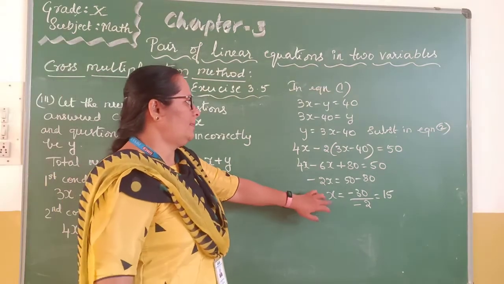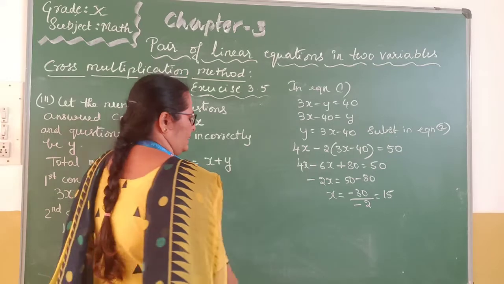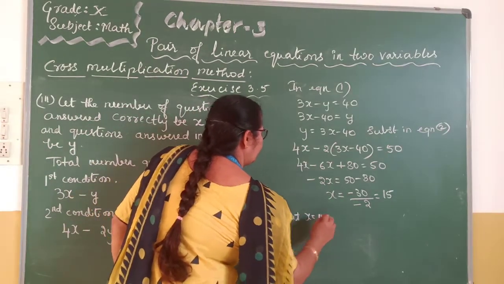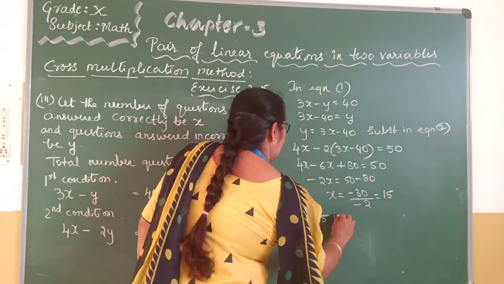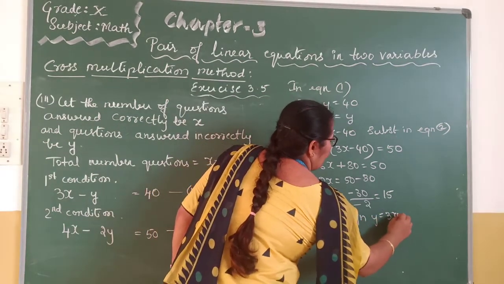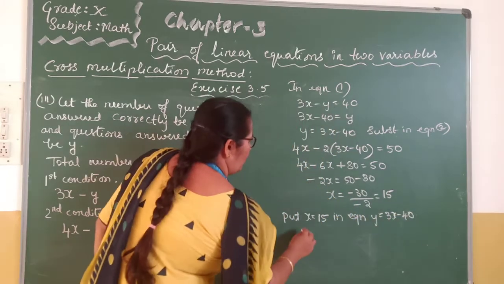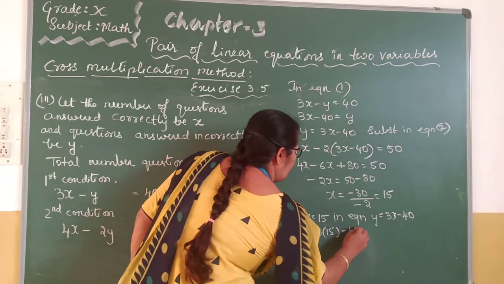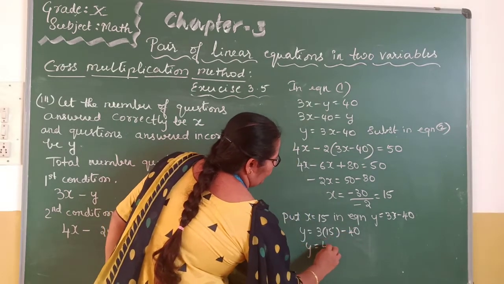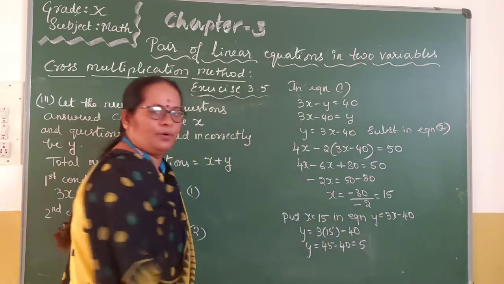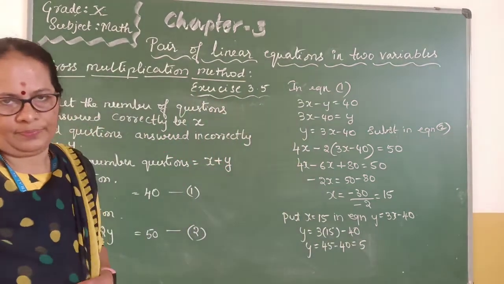When x is 15, then y is, put x equals 15 in the equation y equals 3x minus 40. So y equals 3 into 15 minus 40, which is 5. So y is equal to 5.